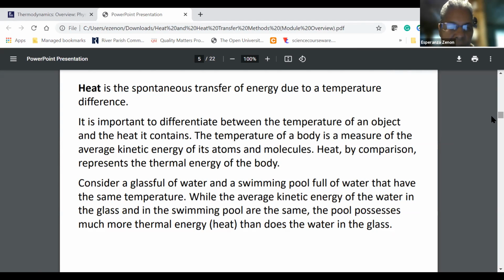But because we're looking at heat from the perspective of the molecules and atoms, the swimming pool is going to have a whole lot more thermal energy or heat because you have much more of it. Okay? And so the average kinetic energy of the water in the swimming pool and the water in the glass can be the same. But the pool, because you have so much more water, so many more molecules, is going to have a lot more heat or thermal energy. Okay.